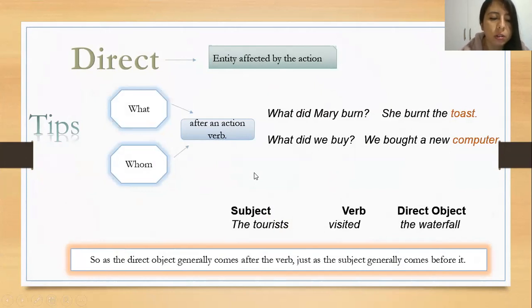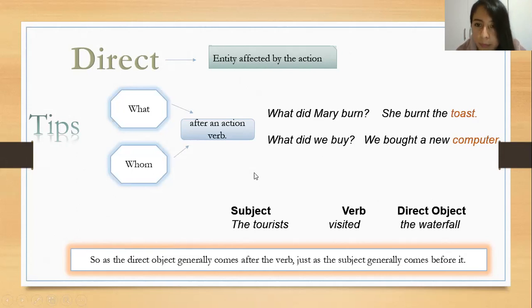In other words, the direct object is a noun phrase affected directly by an action performed by the subject in the clause. For example, in this sentence, she burned the toast, we can ask, what did Mary burn? And the answer is toast. So toast is the direct object.